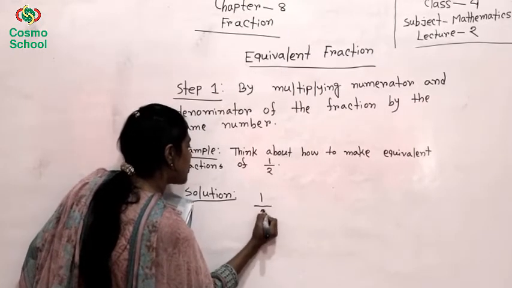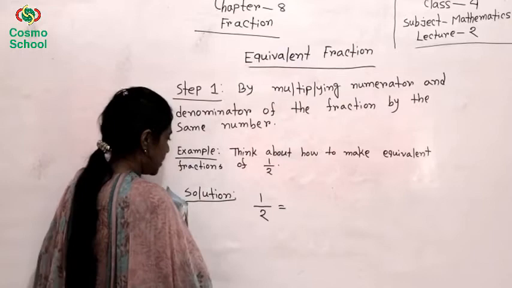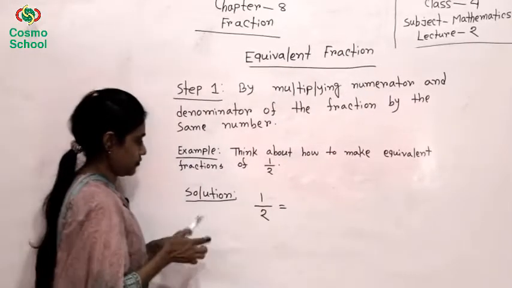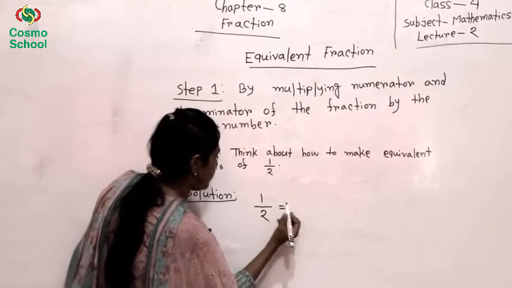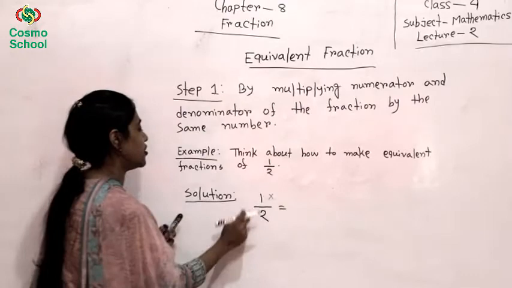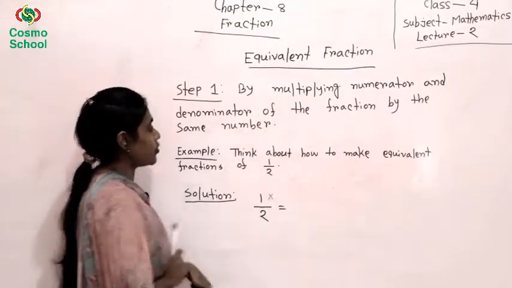This is 1 divided by 2. In here, this is the numerator and this is the denominator. This is the multiplying process.